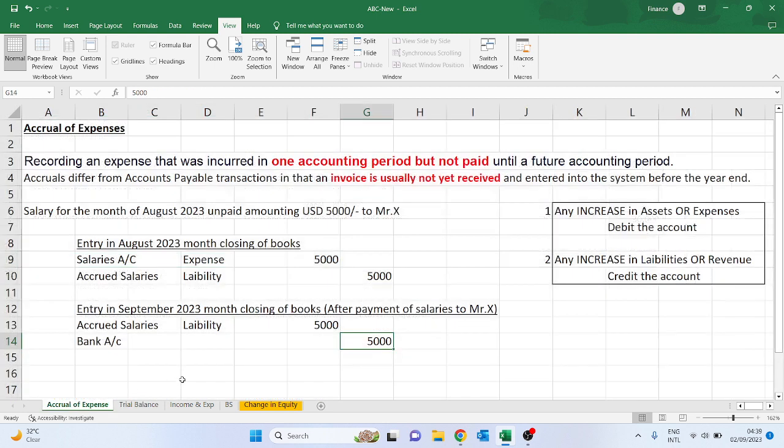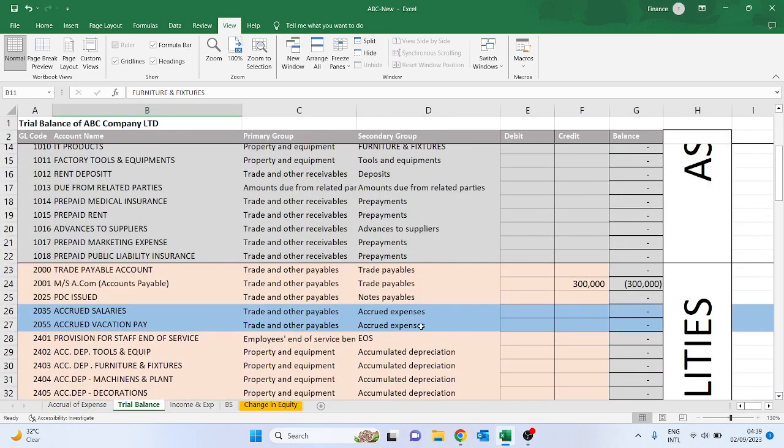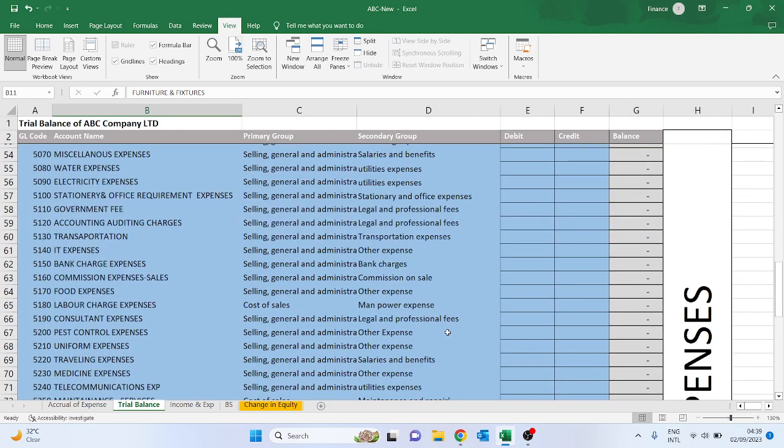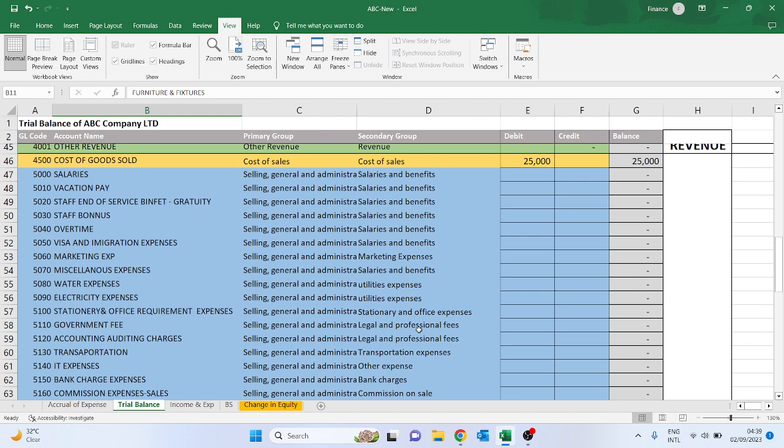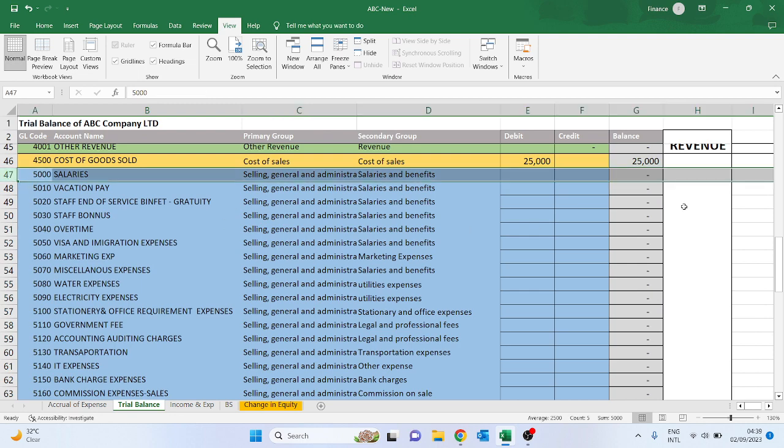Now this accrual of expense, let us post this entry into the trial balance. So salary expense is debited. Salary is an expense account, so just go to the salaries part. Here is salaries.